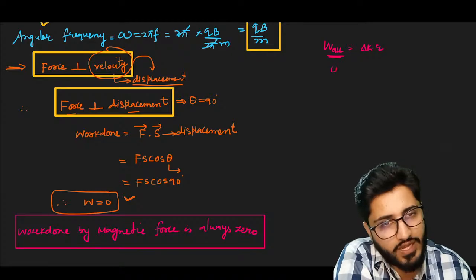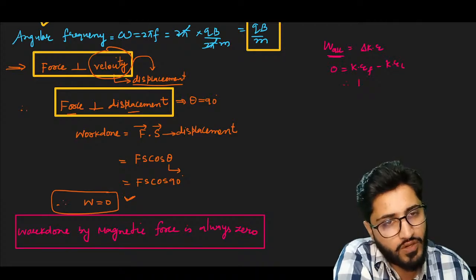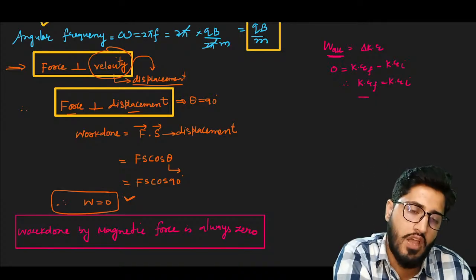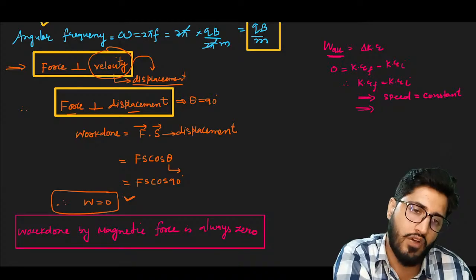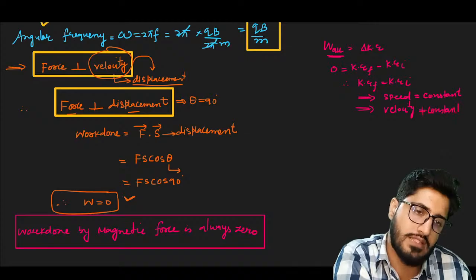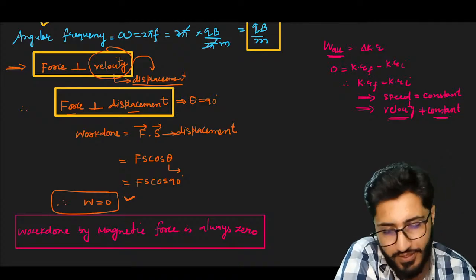Work done is zero, so kinetic energy final minus kinetic energy initial is zero. Therefore kinetic energy final equals kinetic energy initial, which means my speed is constant. Speed is constant, but velocity is not constant. Do you know why? Because velocity depends on direction, and in circular motion, direction changes at every point.